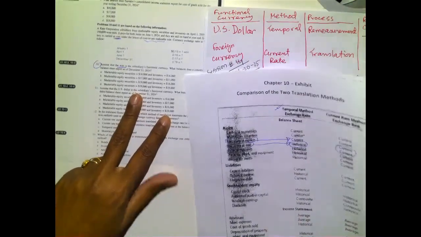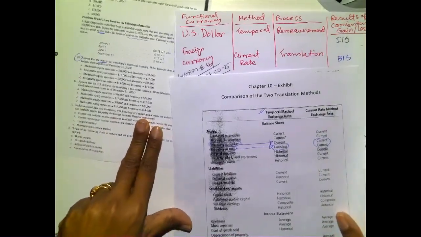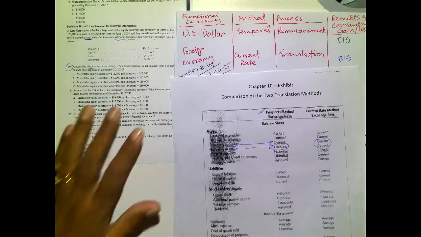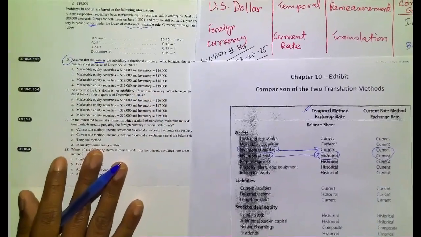Okay, most of you did it. Who can help me, please? Okay, Dan raises first. Dan, go ahead. First tell me what is the functional currency for number 10. Let's do 10 first. I know most of you got it.